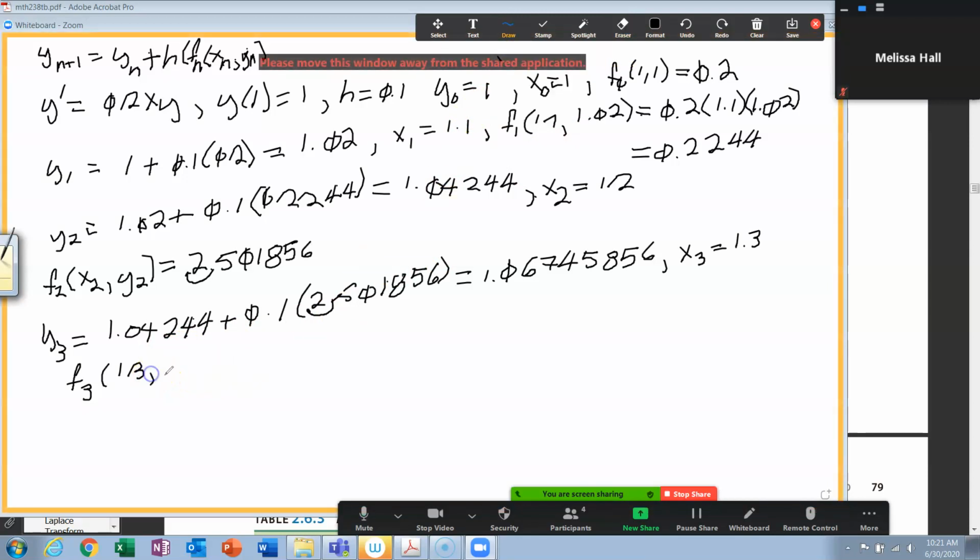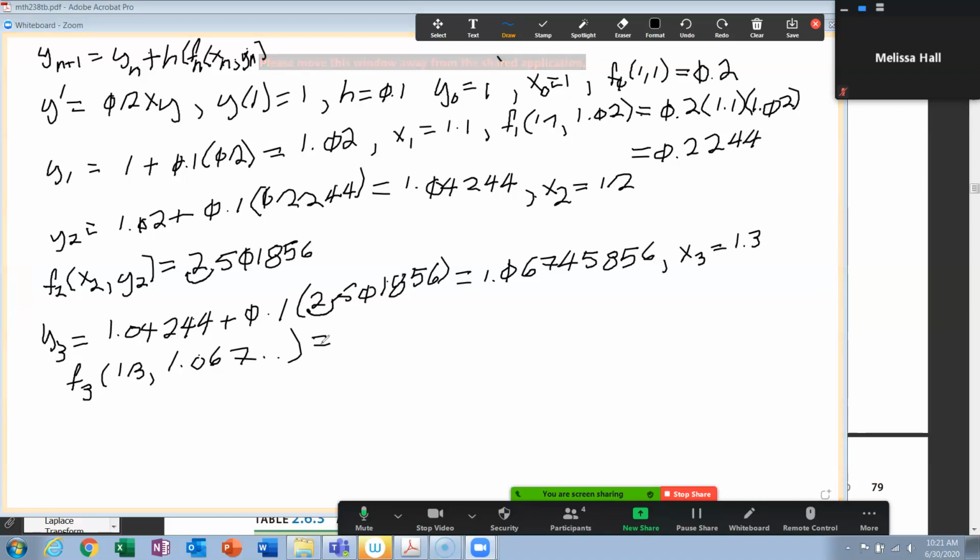Okay, comma, y3 was 1.067, blah, blah, blah. Okay, and what would that be? It's that number I have in here, 1.0674, blah, blah, blah. That's your y, multiplied by 0.2 and multiplied by 1.3.